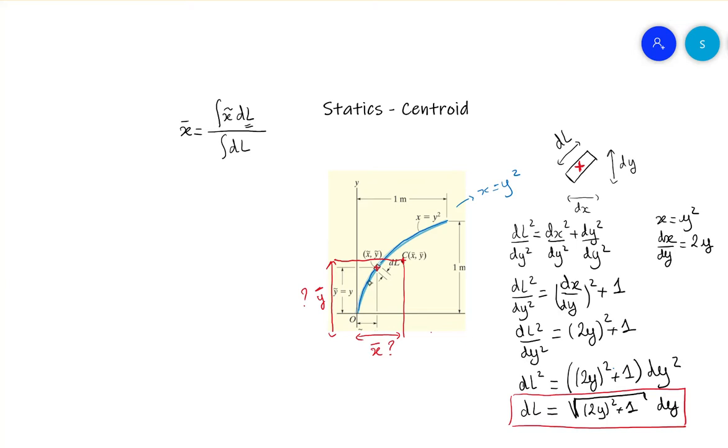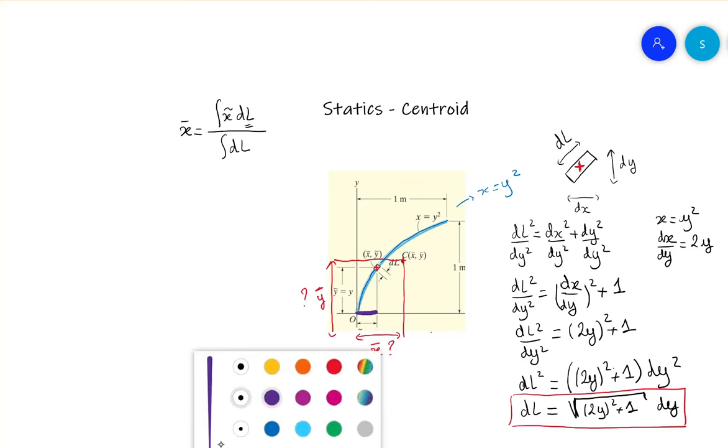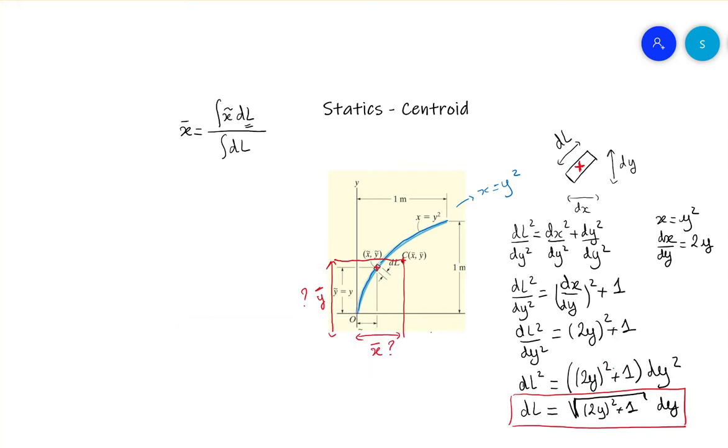This distance there is x tilde, and it's also x because it's on the rod. And this distance there is y tilde, and it's also equal to y. So x tilde is equal to x, and it's also equal to y squared, because remember, we want to keep only y. And y tilde is equal to y.